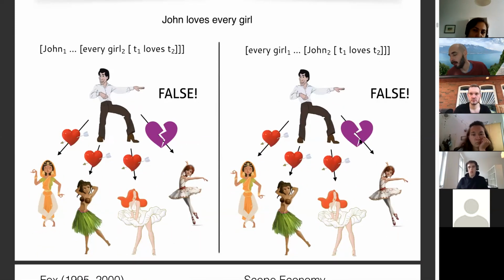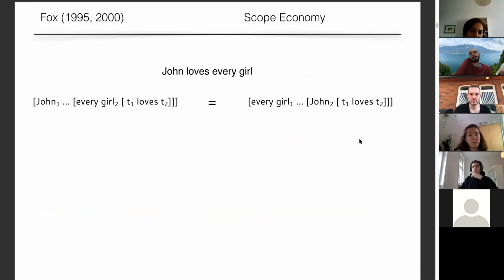So now we have a much better intuition about the fact that these two sentences are equivalent. And it was kind of predictable, right? You might say, why are you wasting this time to show me this? It's obvious that these two sentences mean the same thing. Whether you start from the girl or you start from John, there is a one-to-one relation between John, who is one guy, and all the girls in the domain. Whether you change the order of the application of the quantifiers doesn't really matter, right?